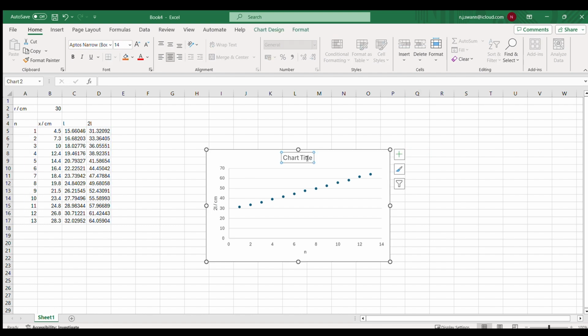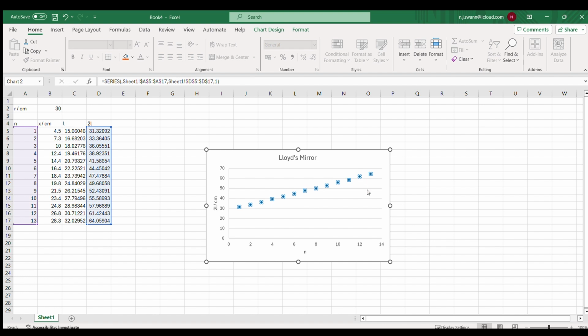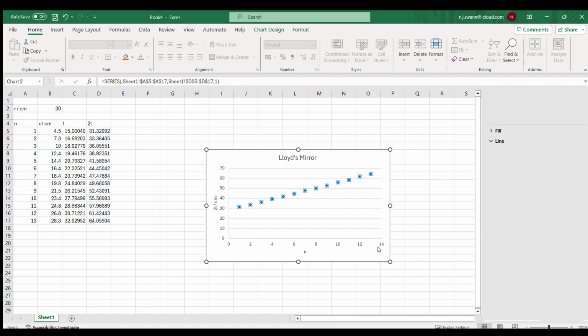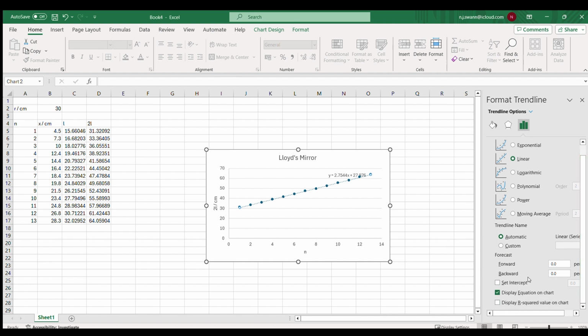Chart title is Lloyd's Mirror, and then if I apply a trend line to this, make it linear, and I want to display my equation on the chart and R value and all. Drag that somewhere sensible so we can see it.